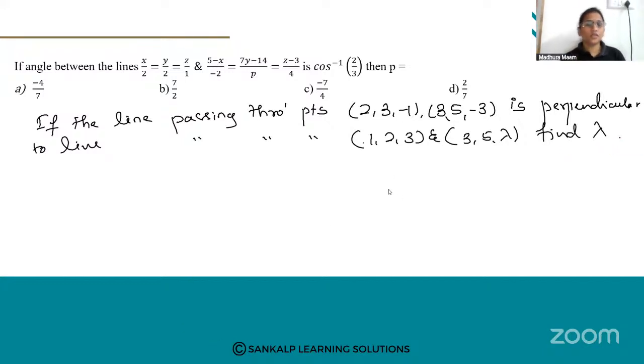If the line joining the points 2, 3, minus 1 and 3, 5, minus 3 is perpendicular to the line joining the points 1, 2, 3 and 3, 5, lambda, then find lambda.